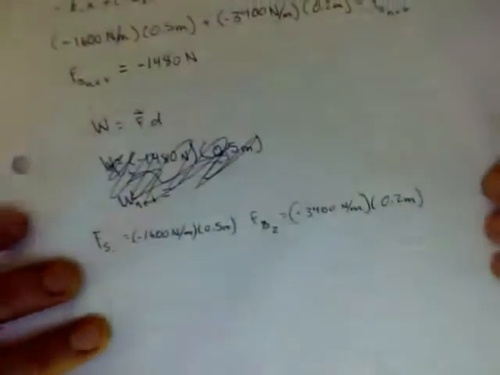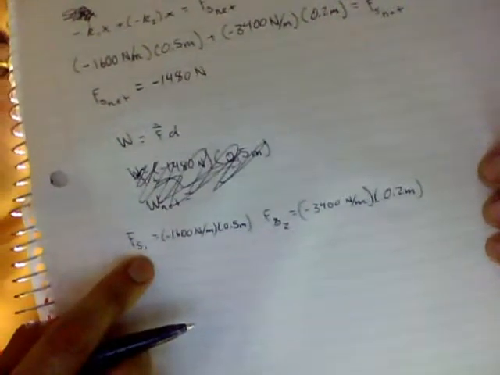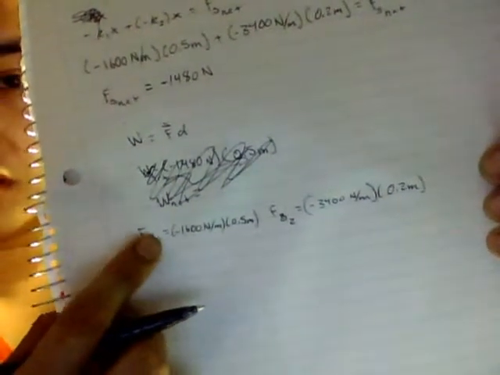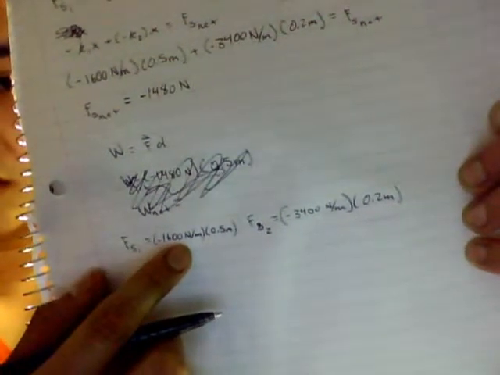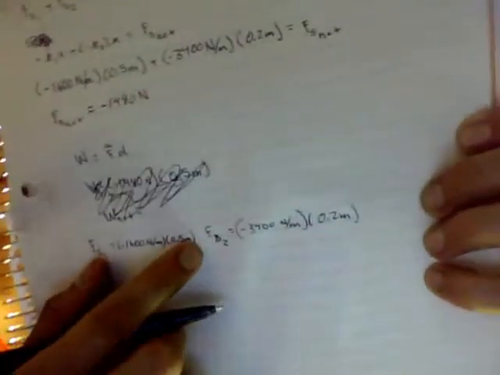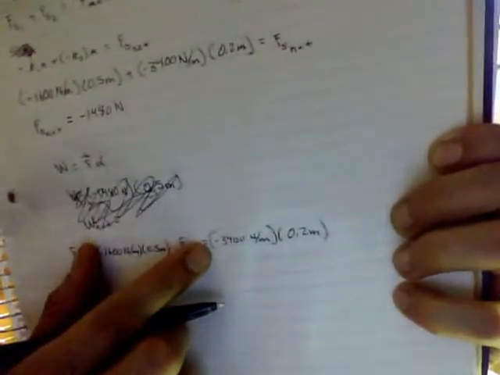There you go. The force of spring one is 16,000 times half a meter, and the force of the second spring is negative 34 millimeters times 22 meters.